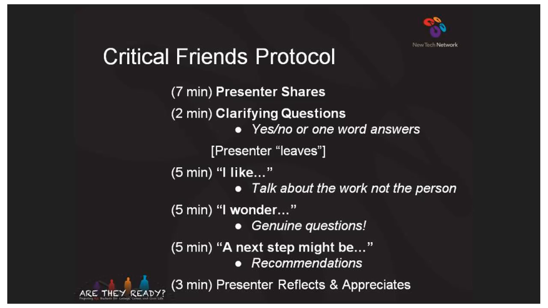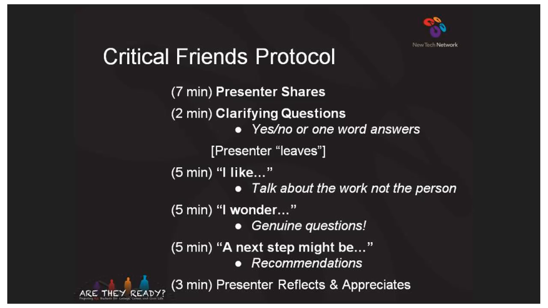So we might have that project quality checklist in hand, but then we might use that in a critical friends protocol. The critical friends protocol is really valuable. We do it all the time as a staff. Basically, it consists of somebody bringing a project, usually an entry document and a rubric, to the faculty in a faculty meeting.